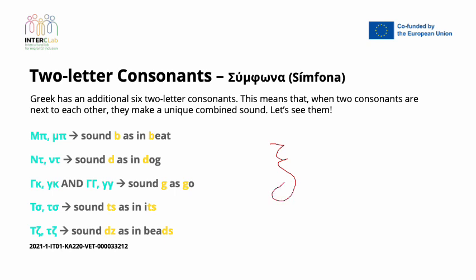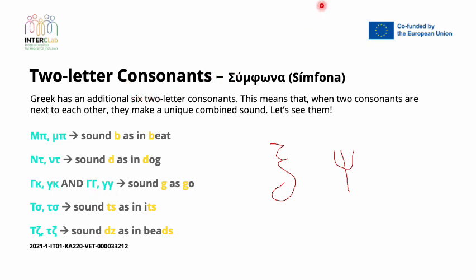Unlike the ks and the ps that we saw previously, which may sound like the combination of 2 letters but are actually written with their own symbol, here we're going to see the actual combination of 2 consonants, which when placed next to each other make a specific sound. So we have 1, 2, 3, 4, 5, and one of them has a second one, that's why I said 6 2-letter combinations.